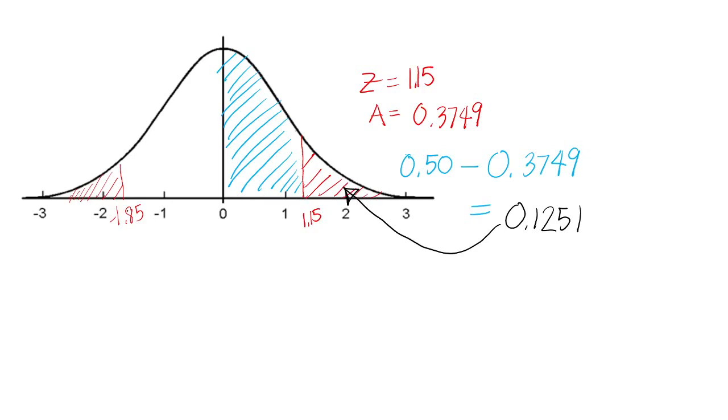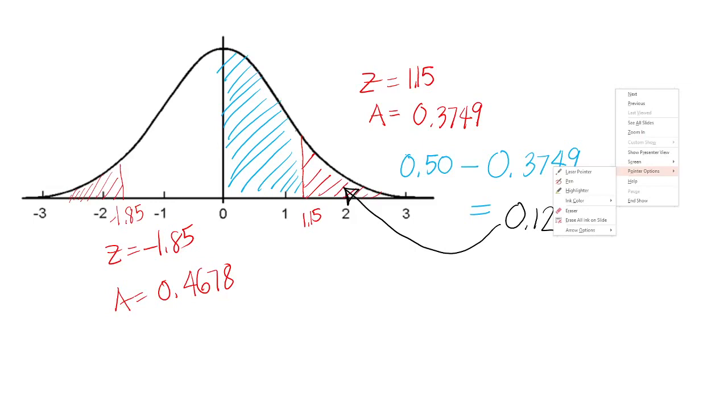Let's go to the left of negative 1.85. So, what's the z here? The z is negative 1.85. What is the area, section Galileo? Let's write it down. Z is negative 1.85 and the area is 0.4678. Where is the 0.4678 if I shade it?